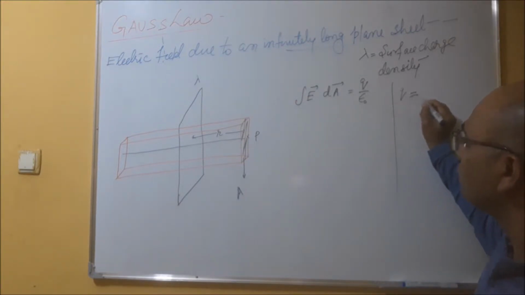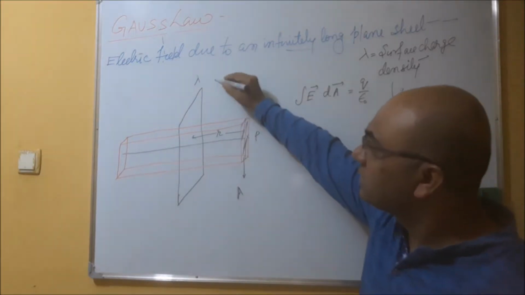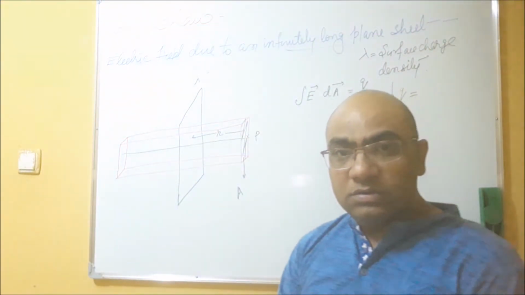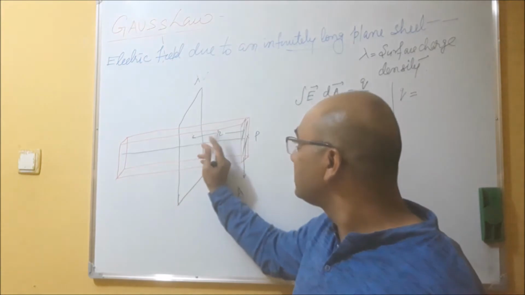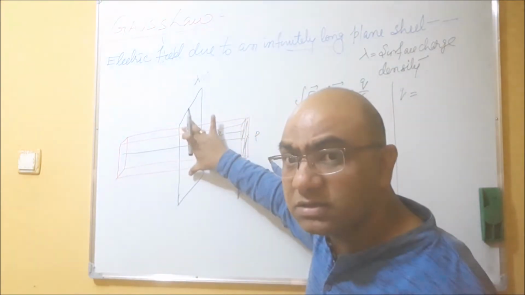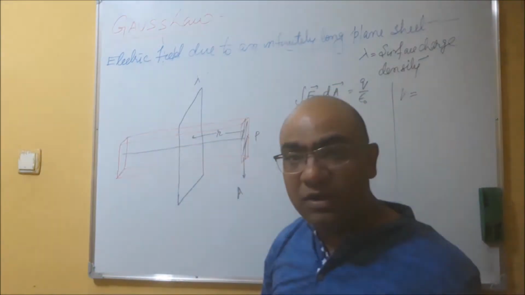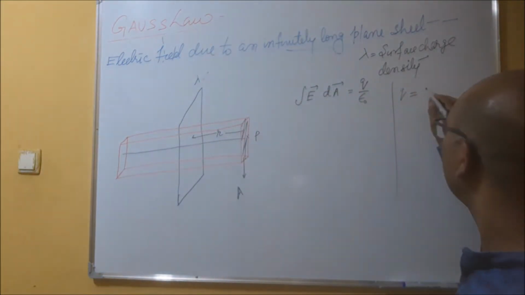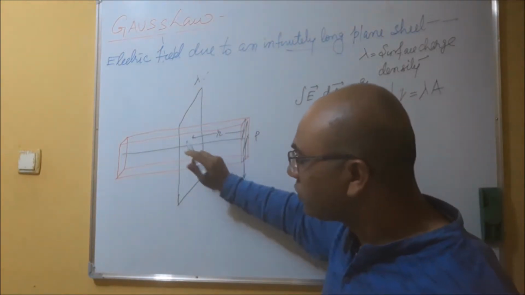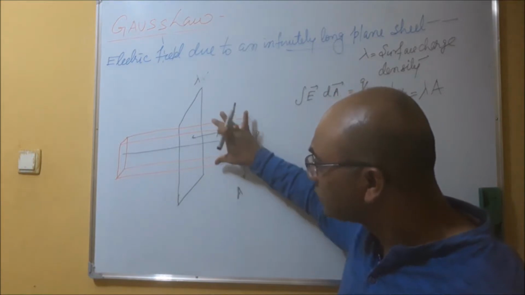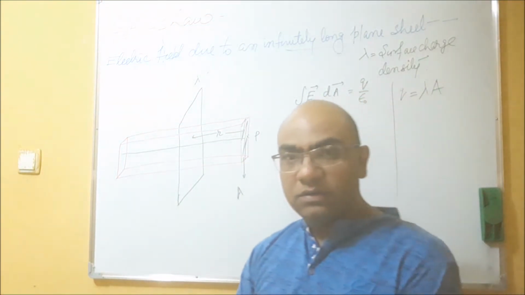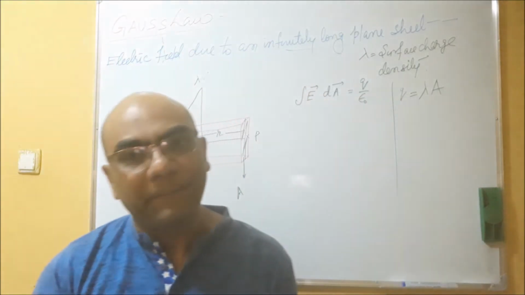First see what is Q. Since lambda is the surface charge density and this area is A, the same area will cut the plane sheet, and this area will be the same here also. So Q is lambda A, right? The charge confined within this cuboid surface will be lambda A.